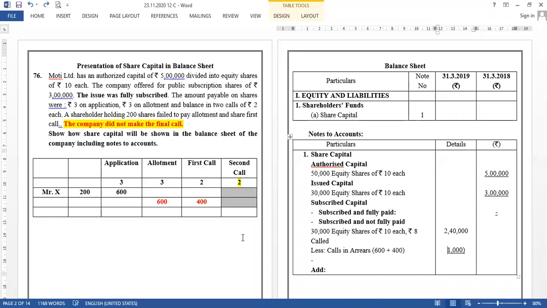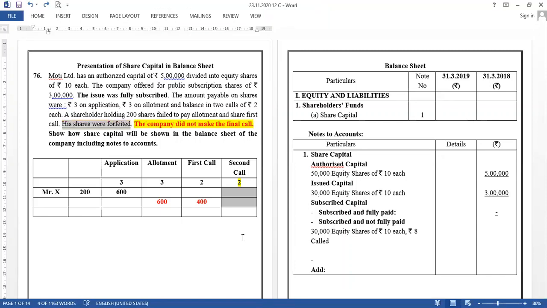But if the shares are forfeited, then what? Because we know, when the shares are forfeited, Colson Arias account is closed, right? ये रहा आपका forfeited वाला statement. Now this is also an important statement for me, इसीलिए उसको underline करके रखा हुआ है. His shares were forfeited. Now again I repeat, when the shares are forfeited, Colson Arias account gets closed.